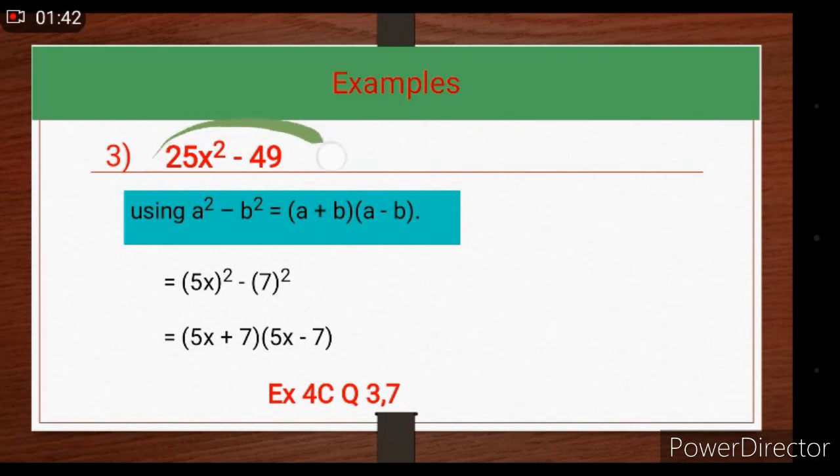Similarly, the factors of 25x square minus 49 are 5x plus 7 and 5x minus 7. So it is very important to identify the first term, which is a, and the second term, which is b. By this example, you will be able to do questions number 3 and 7 of exercise 4C.